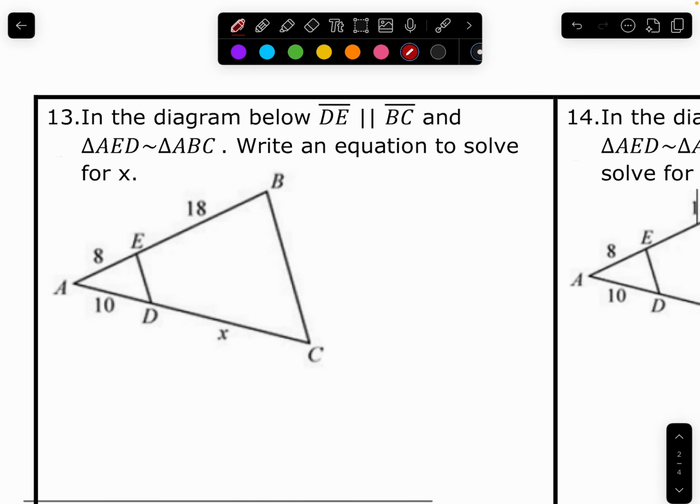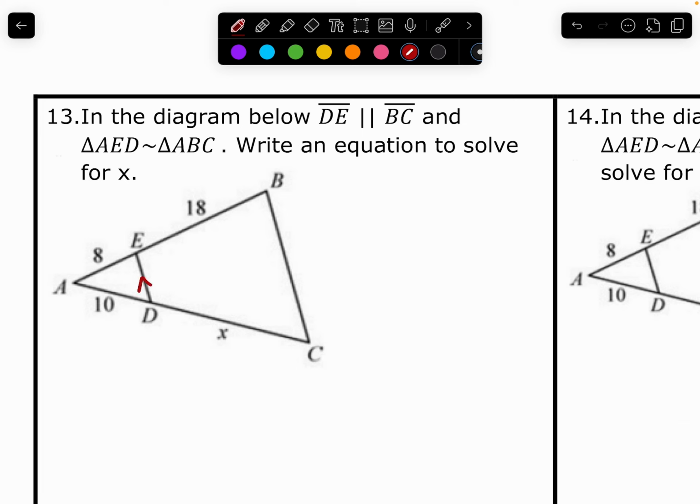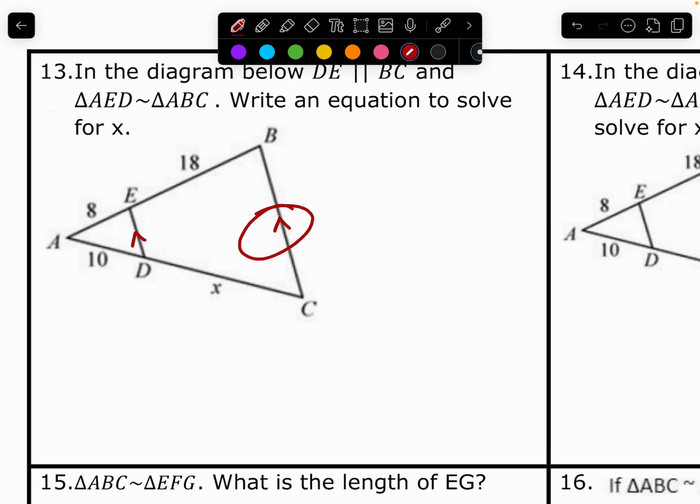Number 13. In the diagram below, it tells us that DE and BC are parallel, and that the triangles are similar, so we need to write an equation to solve for x. And don't forget, these have to be parallel for us to do what I'm about to do. 8 over 10 equals 18 over x.